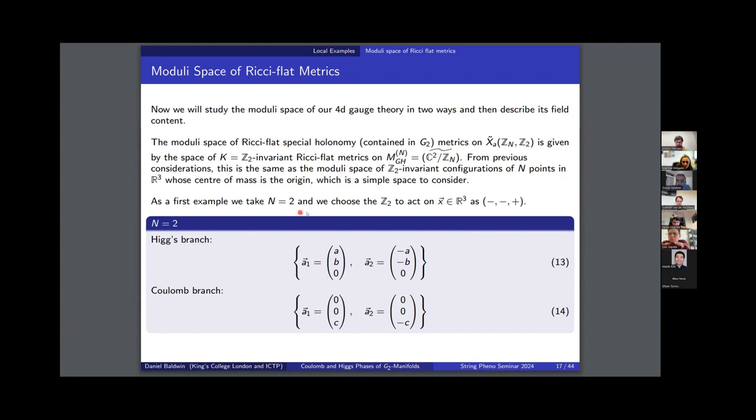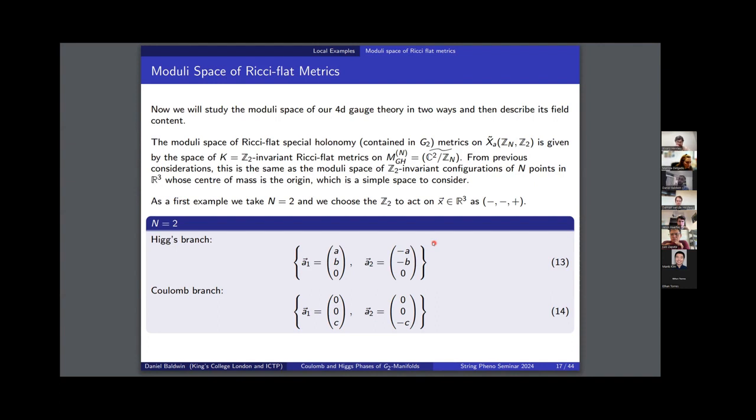So as an example, if we take n equals 2 and we choose our Z2 to act on the R3 coordinates of Gibbons-Hawking space as the diagonal SO(3) matrix (minus, minus, plus), then there are two possible Z2 invariant configurations of 2 points. The first one here has two parameters, and the Z2 action swaps these 2 points.